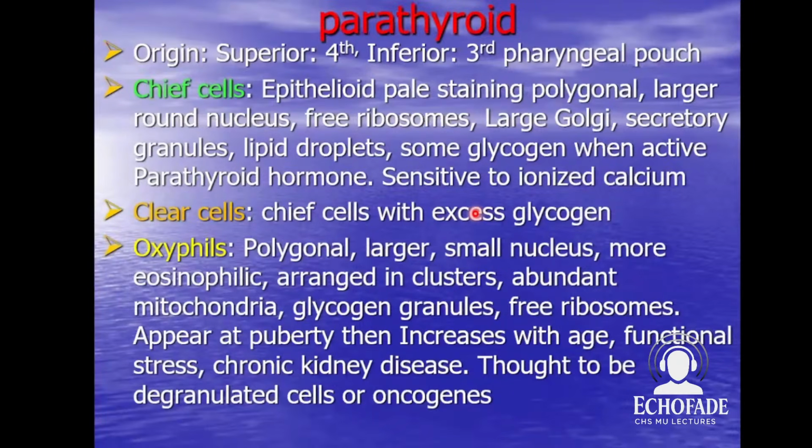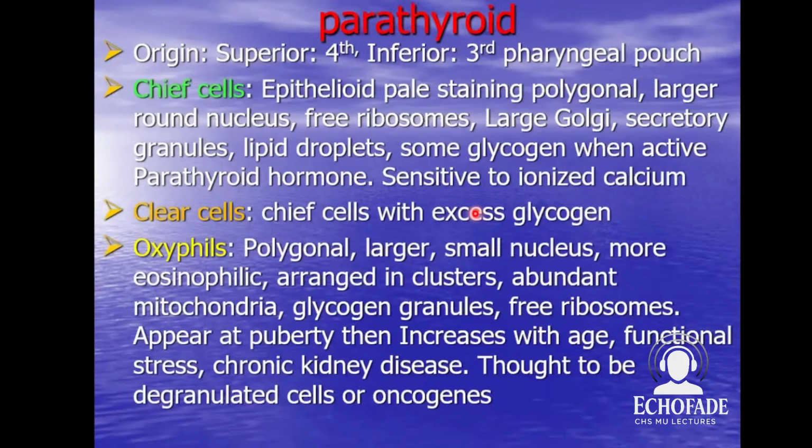Because of that, they are thought to be degranulated cells, but they're also called oncocytes. Oxyphils, the cytoplasm is full of mitochondria, and therefore the oxyphils are deeper staining, basophilic in nature.